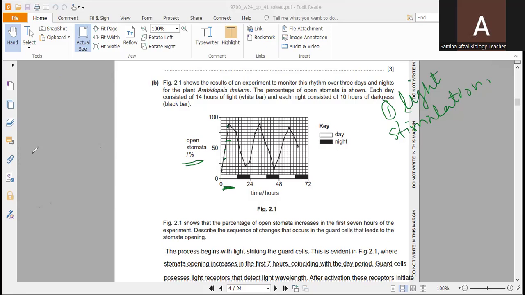Here you can see the receptor cells. The guard cells possess phototropins, which we call the blue light receptors.